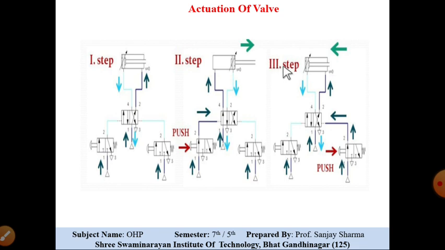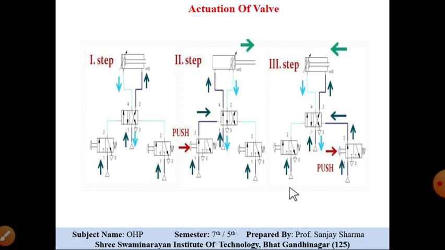In step 3 you can see now this valve is pushed, and the flow is being done from this port in this position to the right side of the plunger or the actuator, and the actuator moves towards the left, and whatever the fluid was available here, now it is returning through the light blue line to the tank.